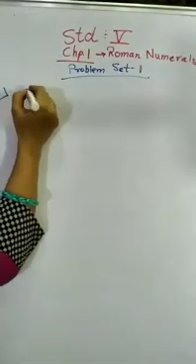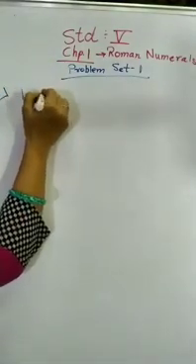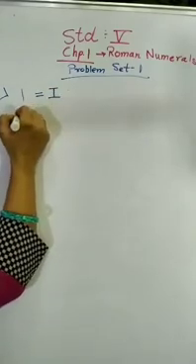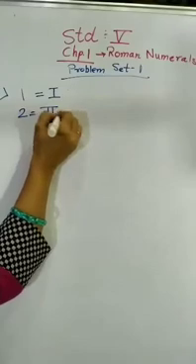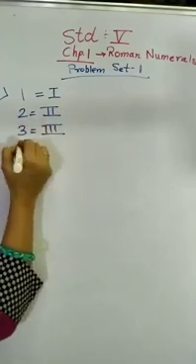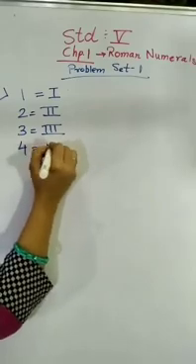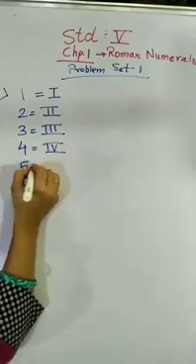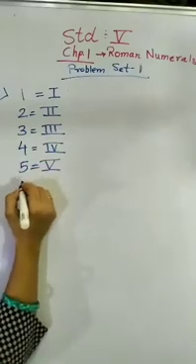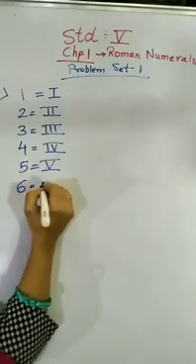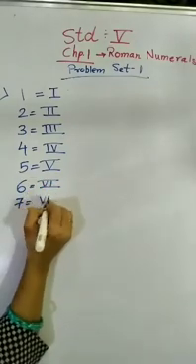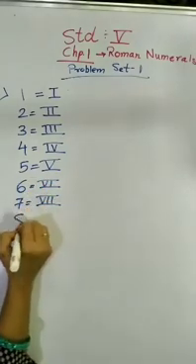Then here we will write 1. 1 is I. Then 2 is 2 times I. 3, 4, and 5. 5, as I told you, is V. Then 6 is VI. 7, 8.